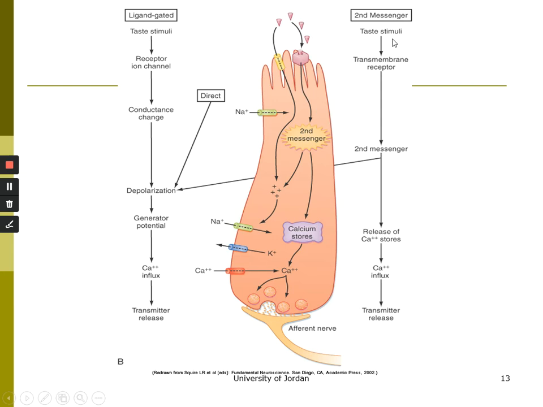There might also be a second messenger mechanism: taste stimuli bind the taste membrane receptor, activating a second messenger. The second messenger might be calcium going from the endoplasmic reticulum or entering from outside the cells. Then the increase in intracellular calcium causes activation of calcium calmodulin dependent protein kinase and movement of the vesicles that contain the neurotransmitter, released to the synaptic cleft, and they go through the afferent fiber of the neuron. So both mechanisms can work.